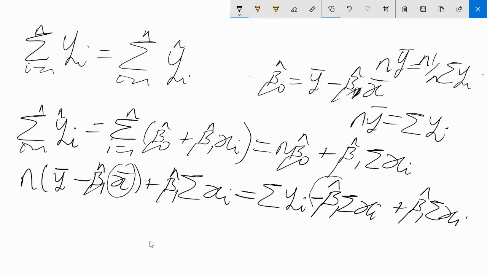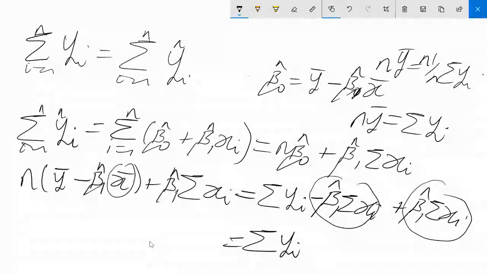As you can see, these two will cancel out, and then we'll have summation of yi. So we managed to show that summation of yi hat is equal to summation of yi.